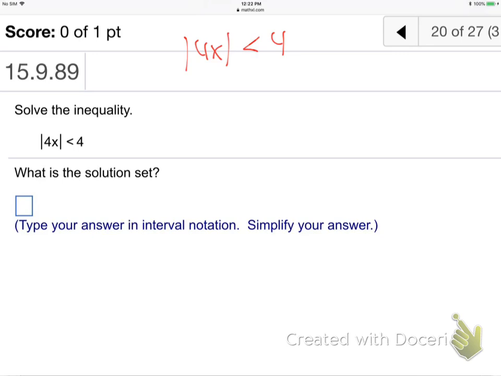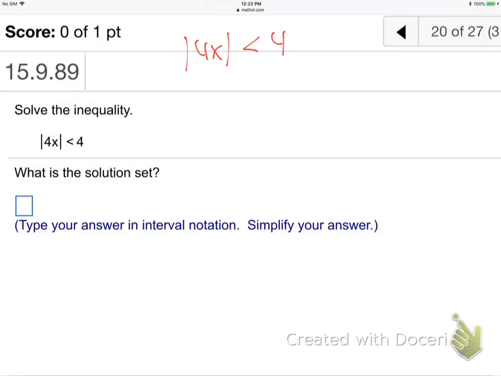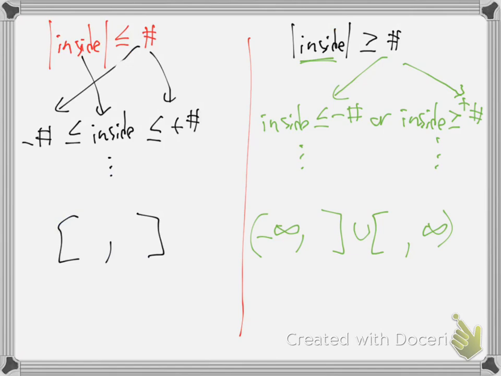Okay, so let me look back to the pattern. Is it left side or right side? It's less. And by the way, the bar, there's no big difference there. If they don't have the bar, then there's going to be parentheses instead of brackets. That's all that affects. So less, it's this left side, isn't it? So it's this one. What do you do? You put the inside in the middle, put the negative and the positive.